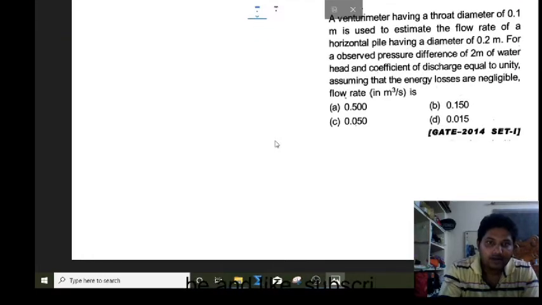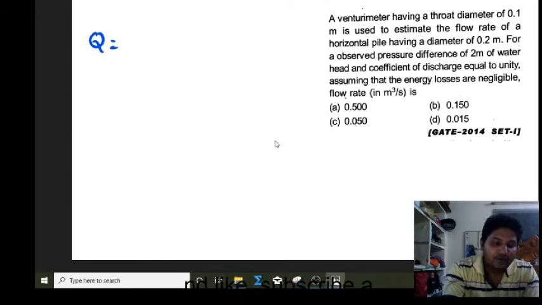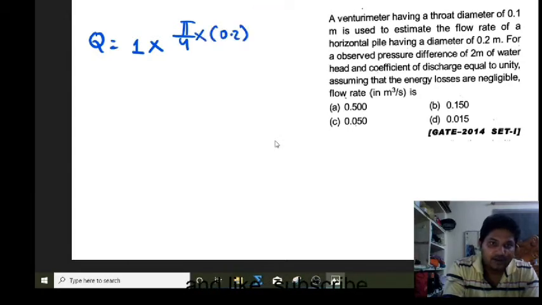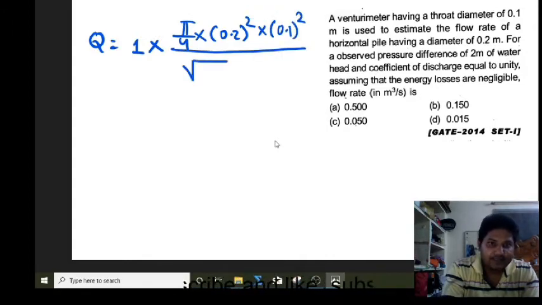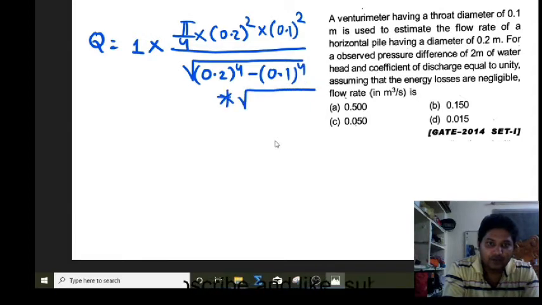So now this Q will be equal to CD is 1 into pi by 4 into 0.2 square into 0.1 square divided by 0.2 to the power 4 minus 0.1 to the power 4 into root over of 2 into 9.81 into H, 2 meter is given.